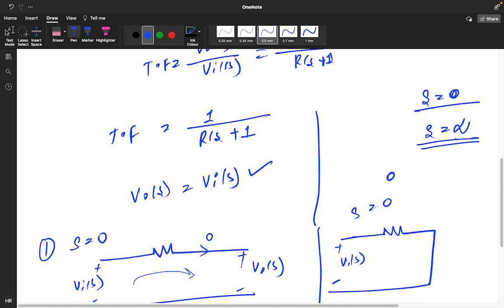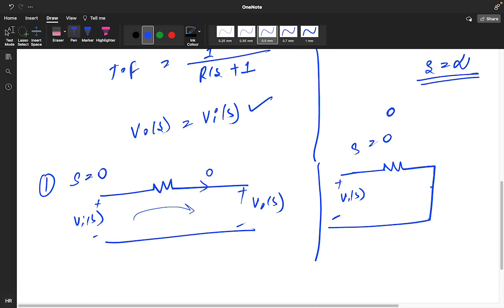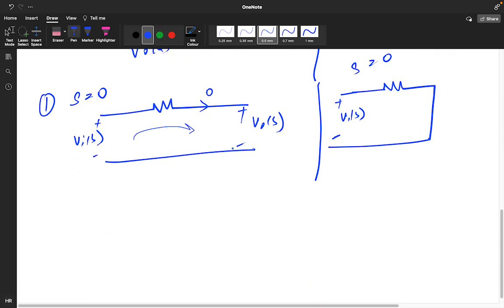But at S equal to infinite, this transfer function is becoming 0, so it will stop the signal. So you will get a filter like this. It will pass the signal up to some lowest frequency, the cutoff frequency.